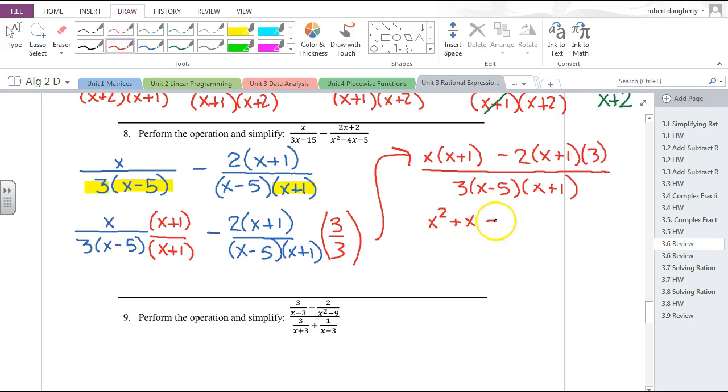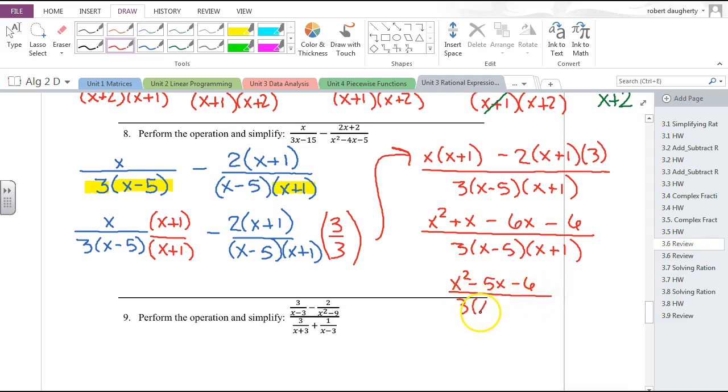And then minus, that's going to be 6x minus 6. All of that over 3(x minus 5)(x plus 1). So this is x squared minus 5x minus 6 divided by 3(x minus 5)(x plus 1).